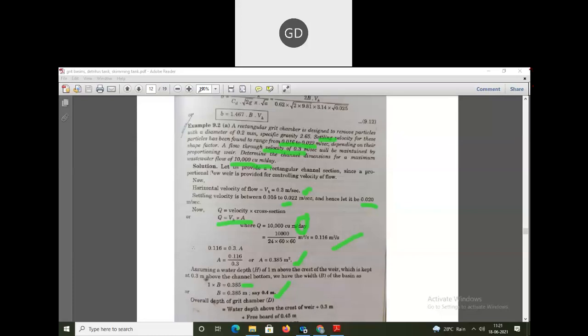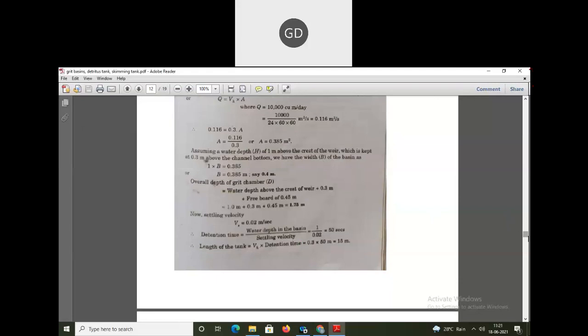Next, they are finding the overall depth of the grit chamber. So overall depth will obviously include the water depth which you have assumed. Then we have the 0.3, that is the depth above the channel bottom, whatever depth we are considering, that will also come. And also we have to consider one freeboard. Freeboard I have already explained in our previous classes.